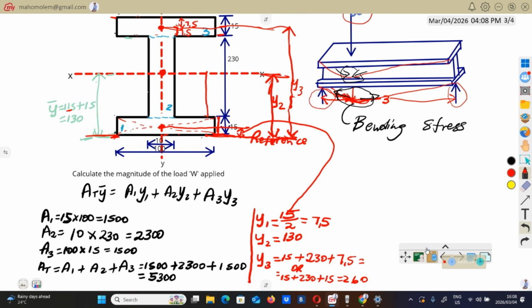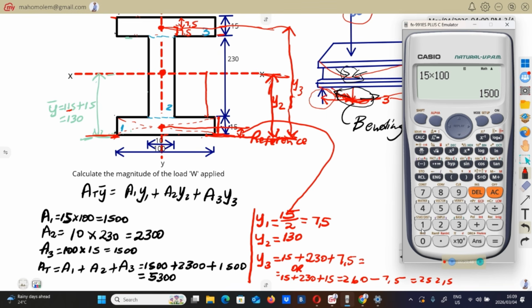Okay, 260 is not y3. You have to subtract 7.5 to get y3. Yeah, 260 minus 7.5, hopefully it will be 252.5. Let me just add this: 15 plus 230 plus 252.5.